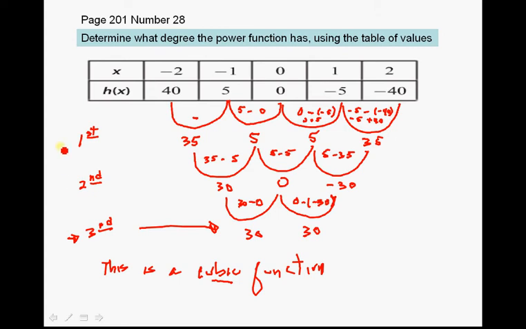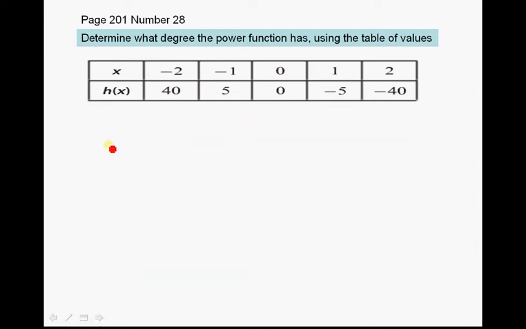Now, let's take a look at how we can actually come up with the form of this function. So watch. We know the general form of a cubic is going to be basically h of x is equal to some value times x cubed, and we don't know what the a is.